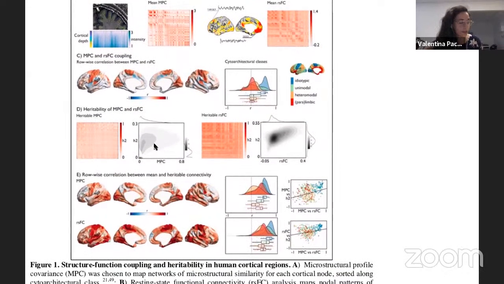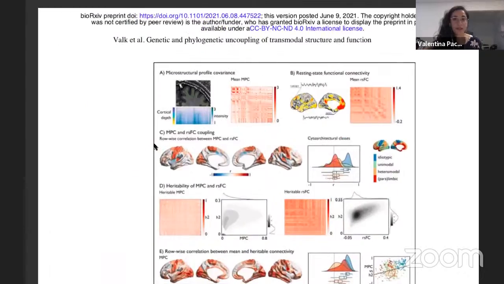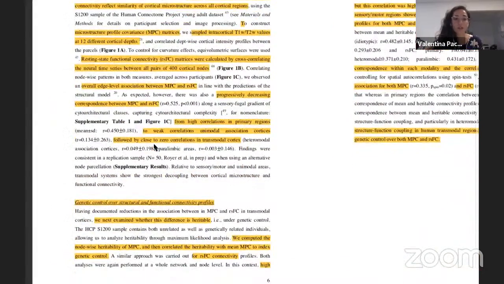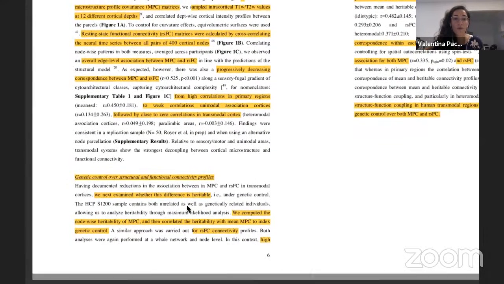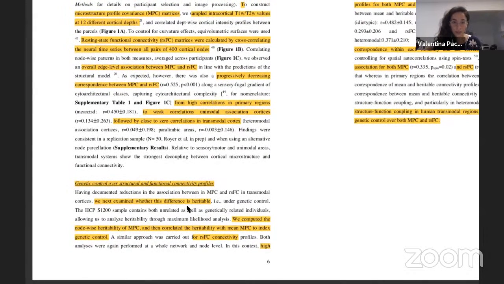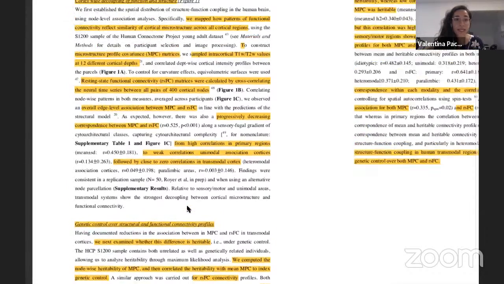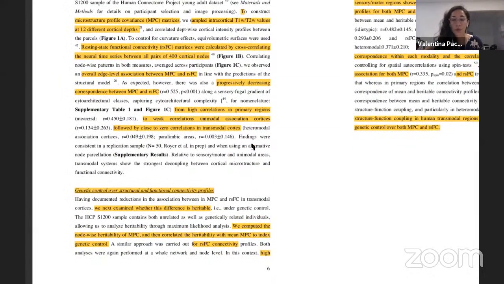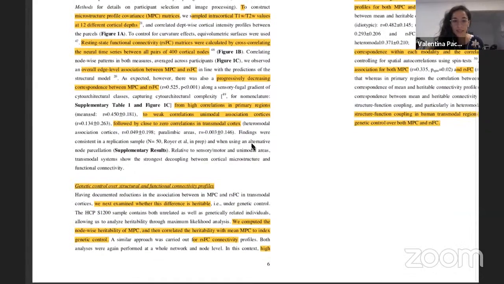And then the authors explored genetic control over the structural and functional connectivity profiles. They are using the Human Connectome Project dataset to provide also information on the genetic similarity, familiarity in the dataset.